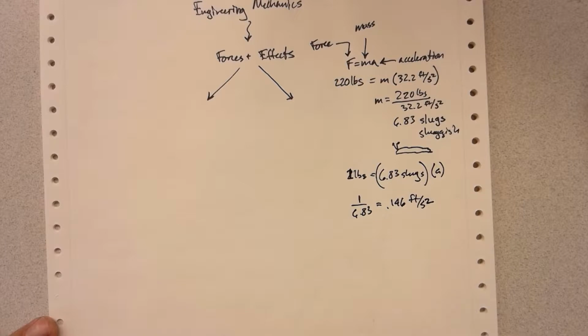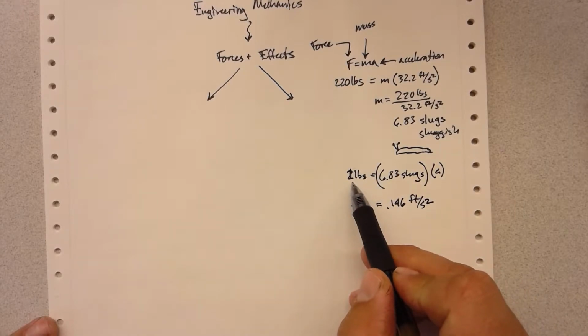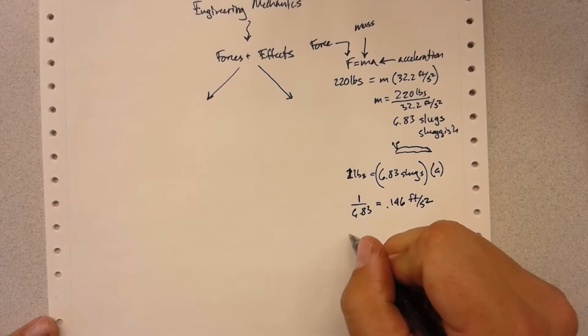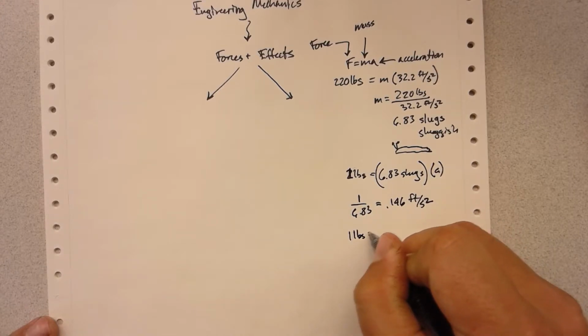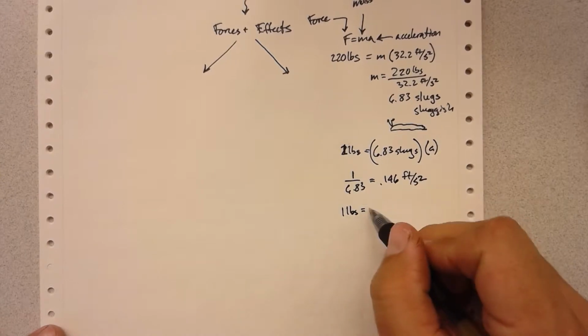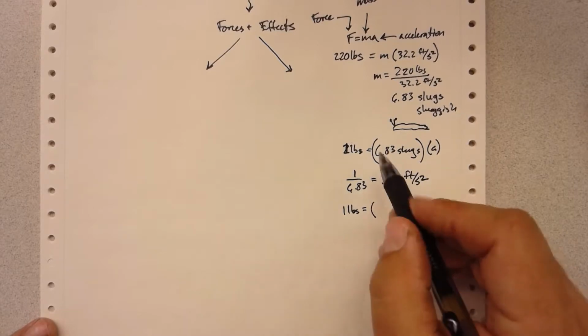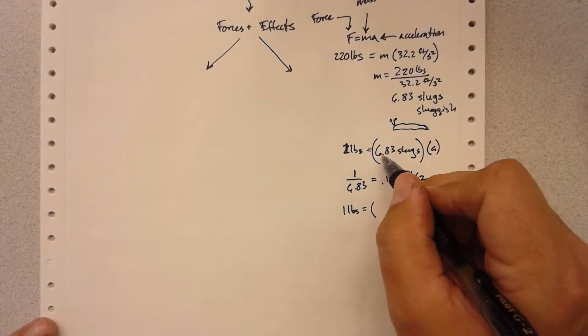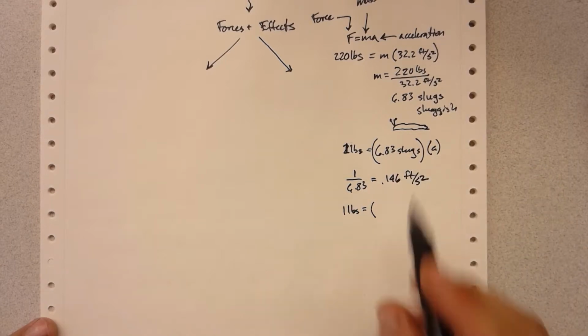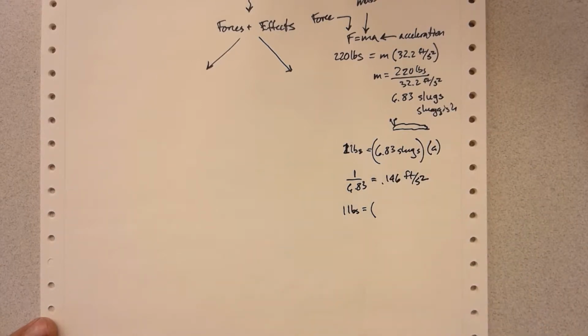Now let's say instead of shooting me with the rubber band, you shoot a paper clip. It still imparts 1 pound of force. The paper clip, though, has a mass of, gosh, I bet I weigh 10,000 paper clips. So 10,000 paper clips would be 1/10,000th of this. Can you divide 6.83 by 10,000? I think it's going to be 0.0006.